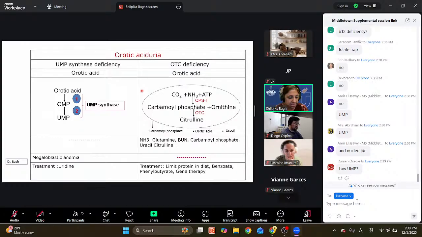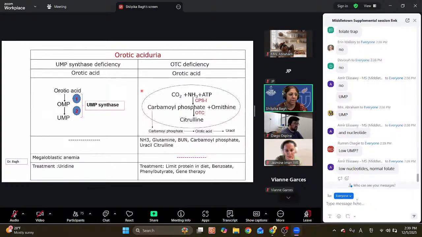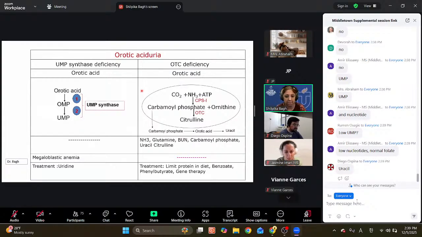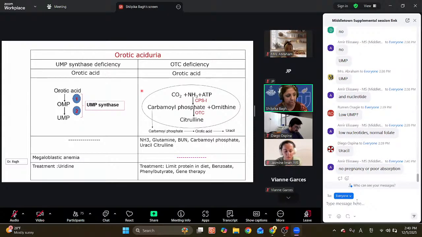They got to tell you that folate and B12 are normal, right? Then only you will say this is megaloblastic anemia due to UMP synthase deficiency. There's no pregnancy history, no history of poor folate absorption. For you to pick up UMP synthase deficiency and megaloblastic anemia, folate and B12 got to be normal.